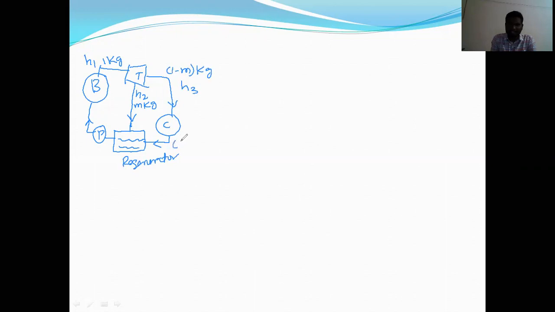After the condenser, it will be 1 minus m kg water. Here, we want to calculate the amount of m, that is the mass of steam which is bled into the regenerator.